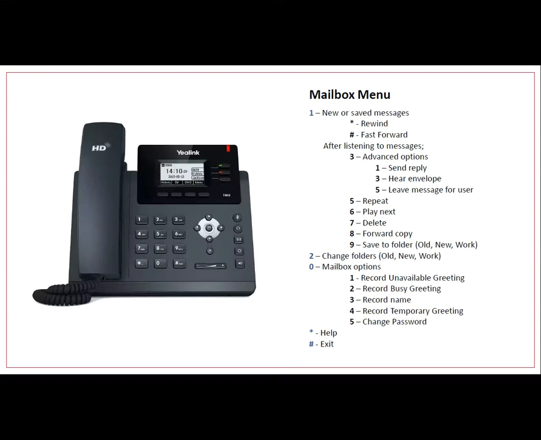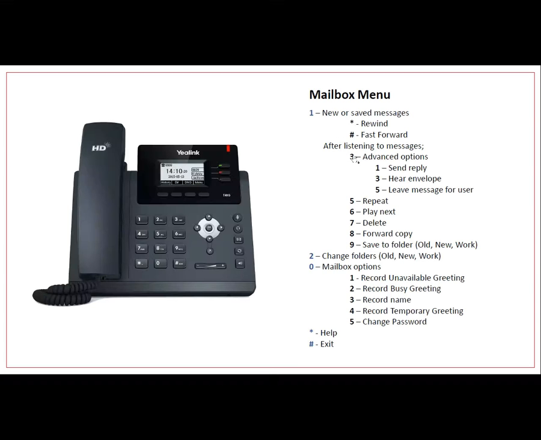So if I press it twice, I go back 10 seconds, and so on. The pound allows me to jump ahead. So if I'm listening to a saved message, and I want to get to the end, I can press pound to skip ahead.